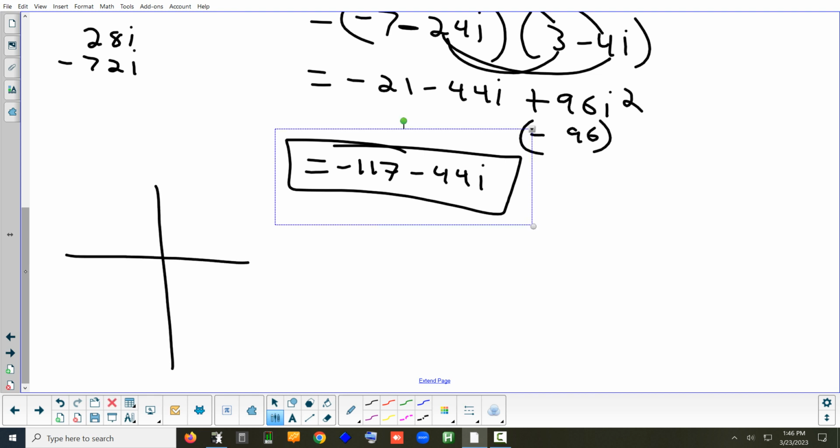So negative, negative. What quadrant is that? 3. So the angle. What's your formula to find theta in the third quadrant? 180 plus inverse tangent of y over x. Good. 180 plus inverse tangent. Since they're both negative, they're going to cancel out. So 44 over 117.